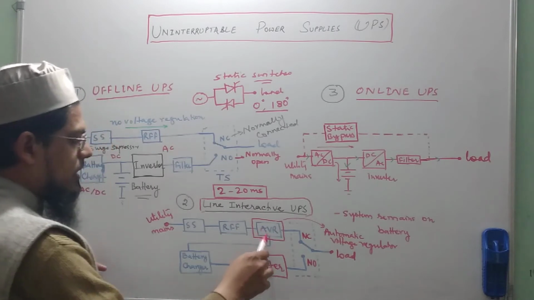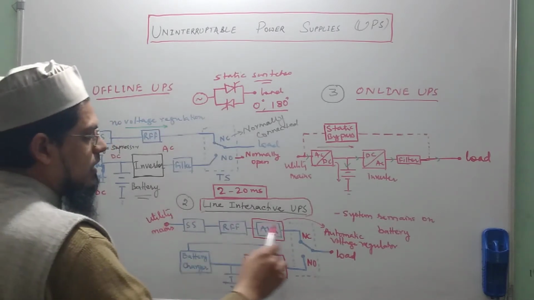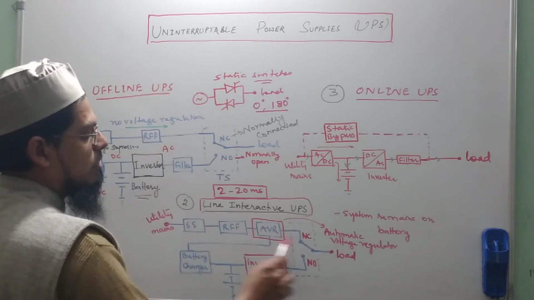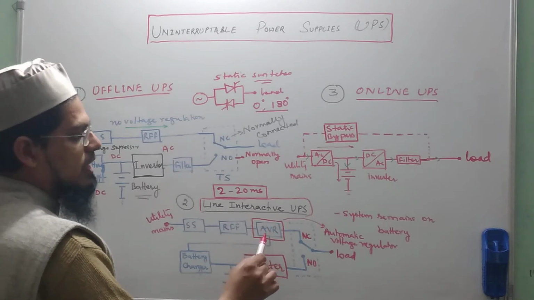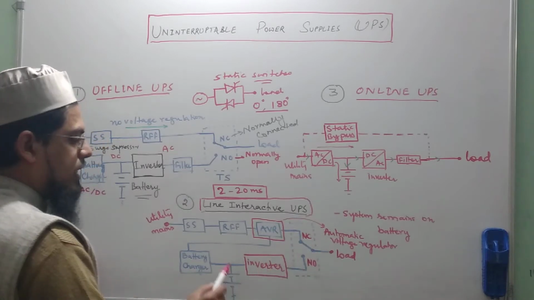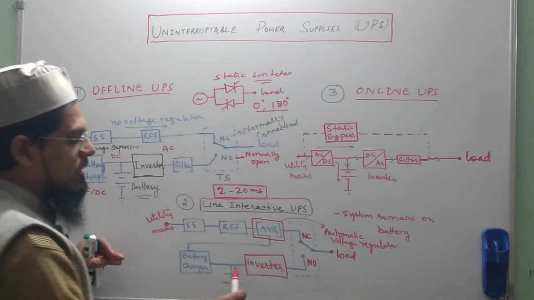Okay, then this AVR is connected to the battery charger here. So normally this line is connected, the utility main is supplying the load, but there is an AVR in between which ensures clean power supply. And this is an NC, meaning normally connected switch, and then the remaining part of the operation remains the same.